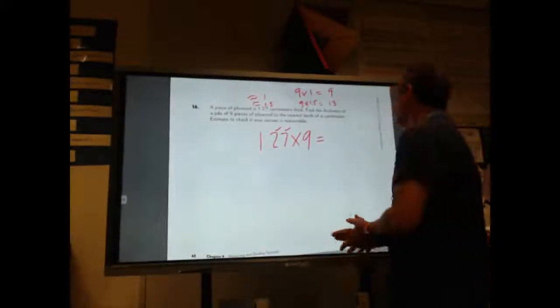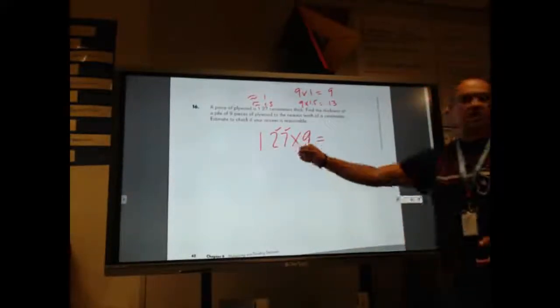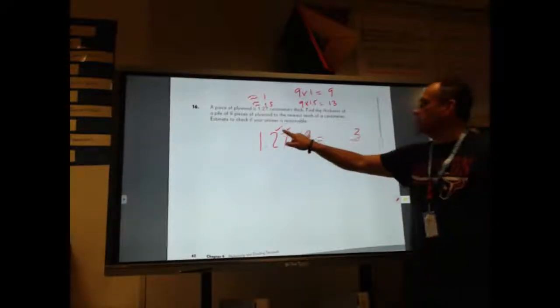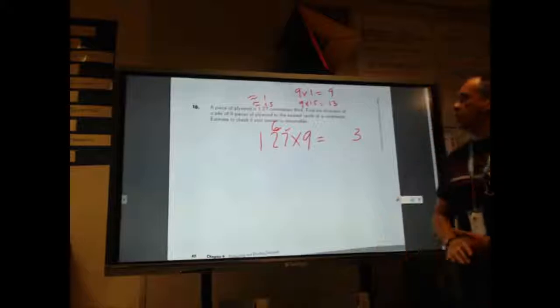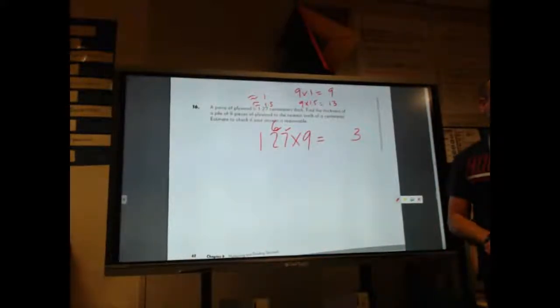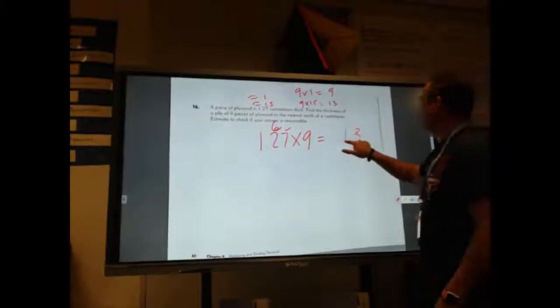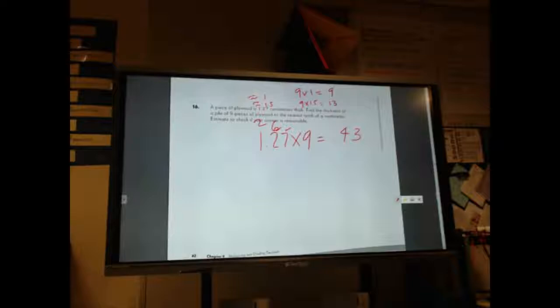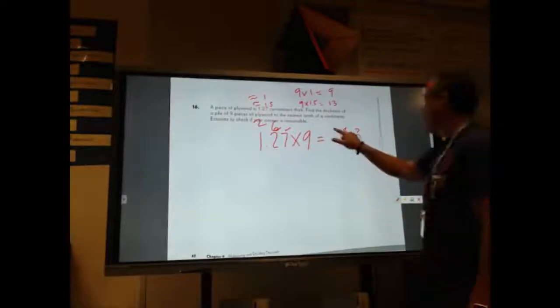All right. So let's figure this out. 9 times 7. 63. I'm going to put the 3 here and just carry the 6. 9 times 2. 18. And 6. 24. And 9 times 1 is 9 and 2. 11.